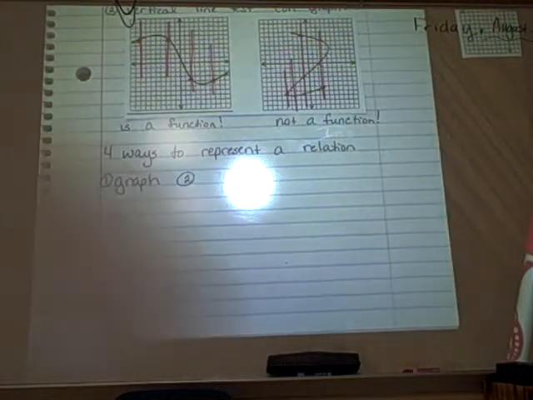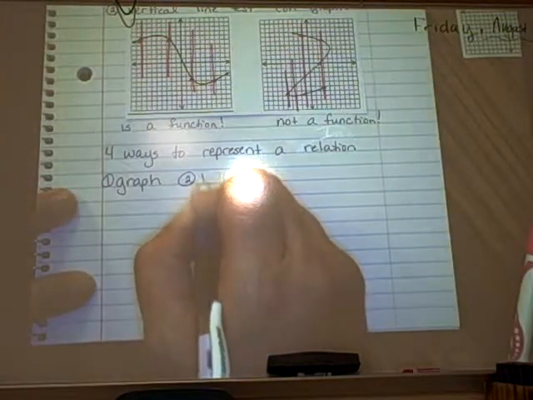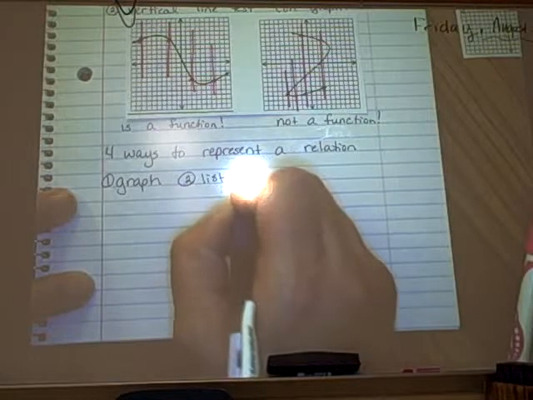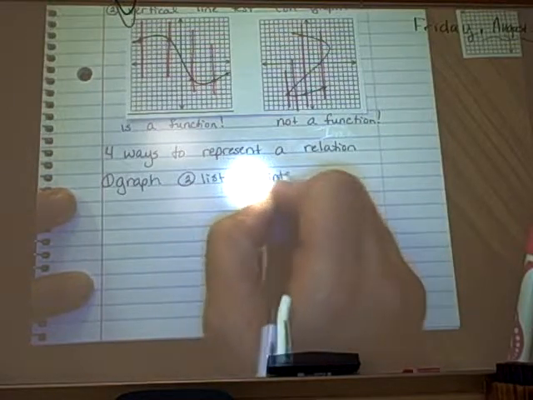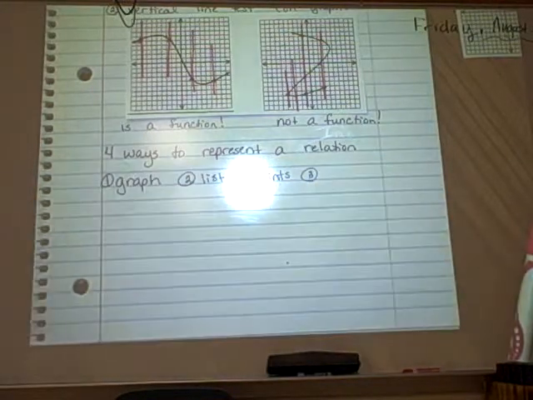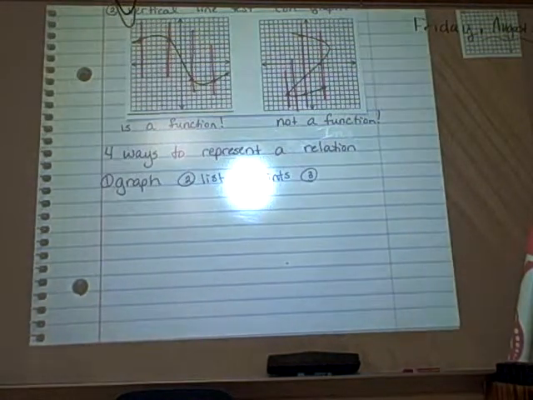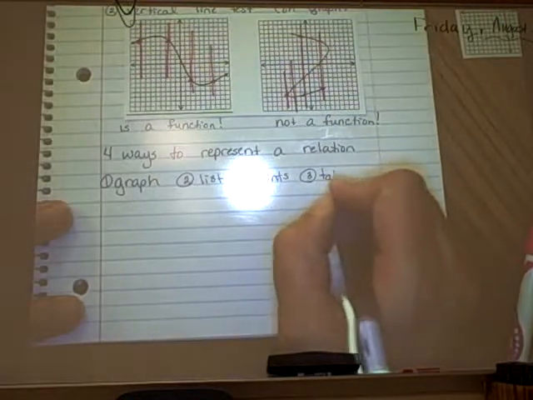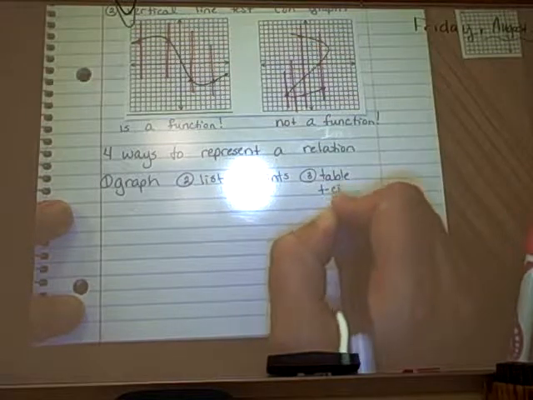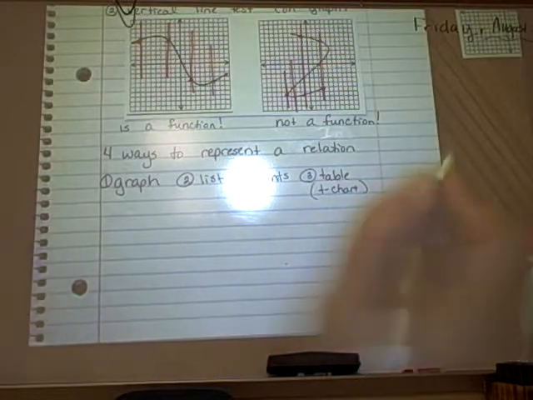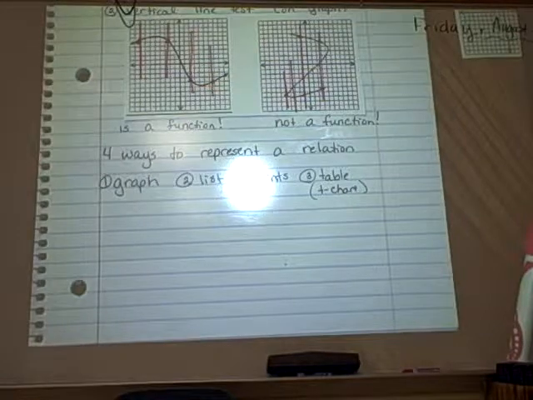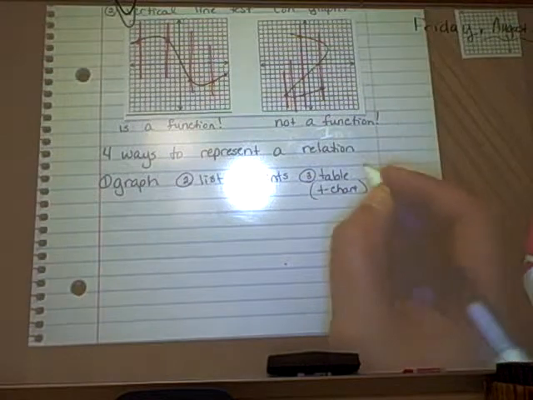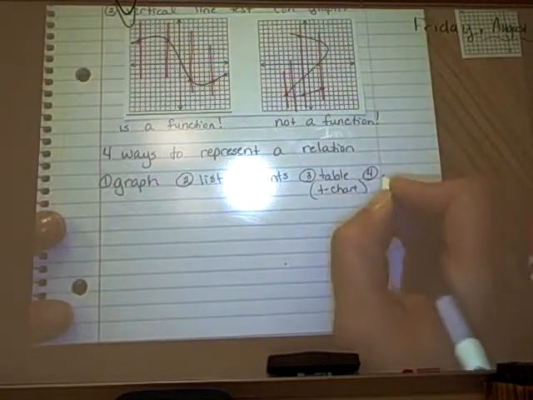The second way is a list of points. So you've got a graph, you've got a list of points. The third way is a table, which you'll hear me call a T-chart a lot, just because it looks like the letter T. And the fourth way is the only one that's probably new to you guys.